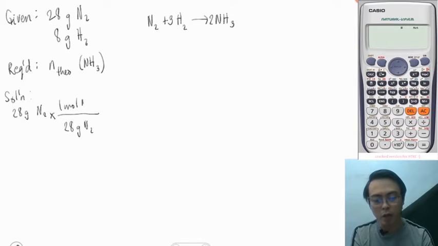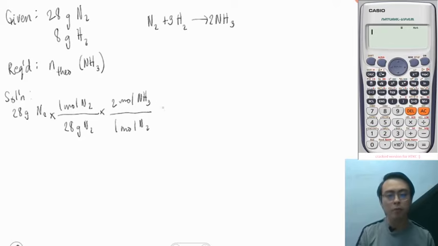And then we utilize the coefficients of the balance equation. Our coefficients are 1 mole of nitrogen is equivalent to 2 moles of ammonia. Solving. By the way, it's not necessary for us to convert the number of moles of ammonia to mass of ammonia because N-theo almost always pertains to number of moles.